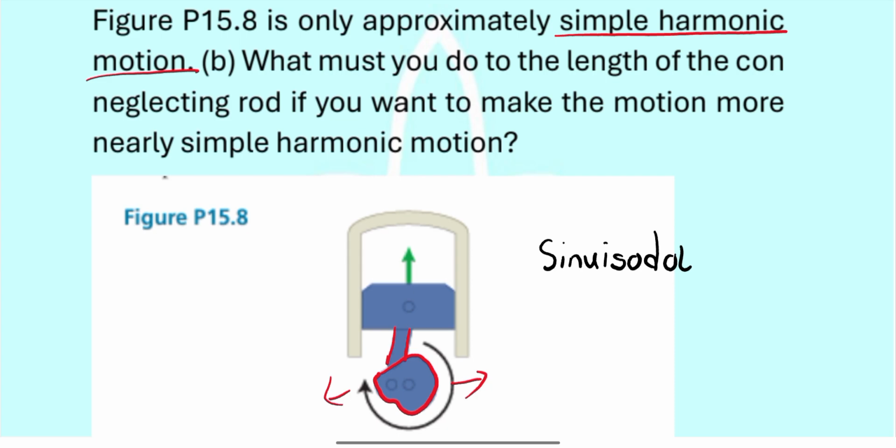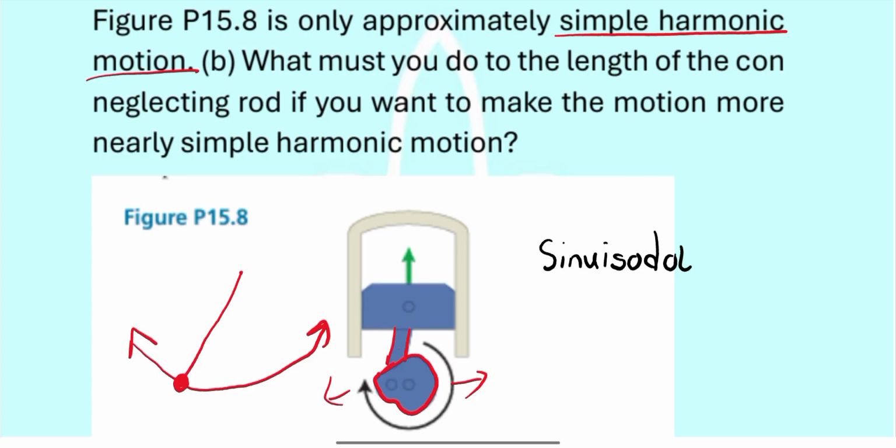So we can compare this motion of a piston with what we already know for a simple harmonic motion, which is a pendulum. A pendulum simply moves left and right in a circular manner. But if you look at this piston, it also moves left and right.